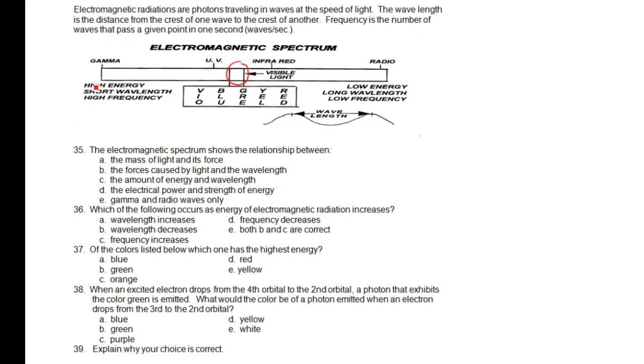So gamma radiation is high energy, short wavelength, high frequency. Then at the other end we have radio, low energy, long wavelength, low frequency. So this table is showing me the relationship between energy, wavelength, that's a funny symbol for that, it's called lambda, and frequency.